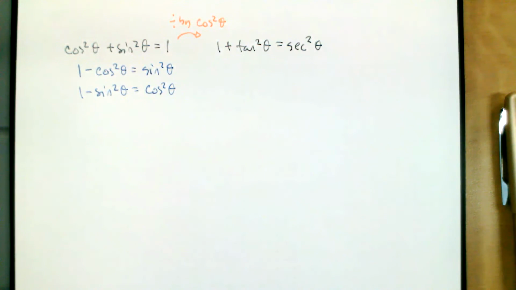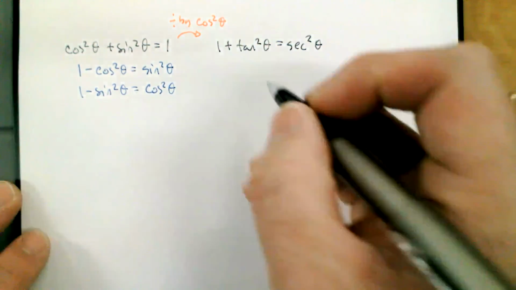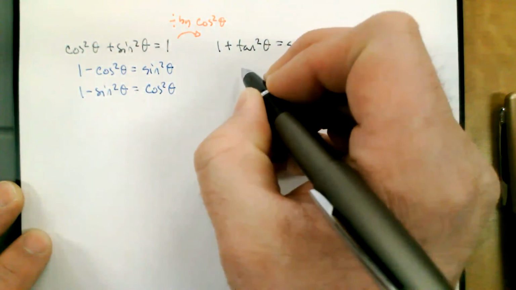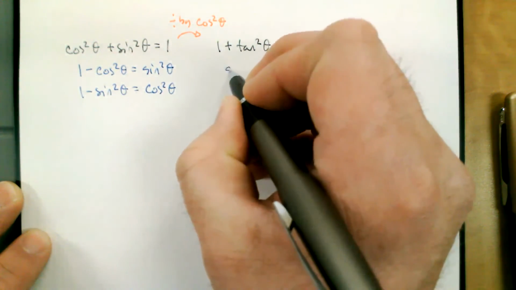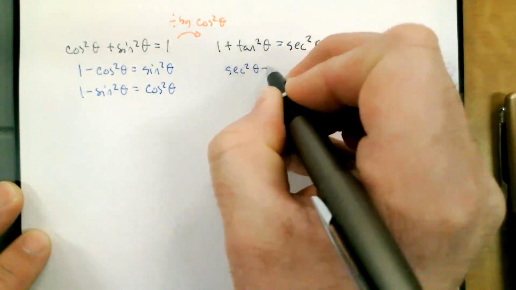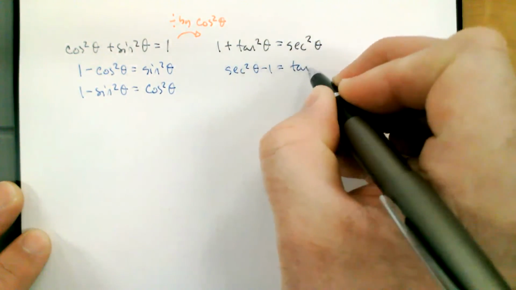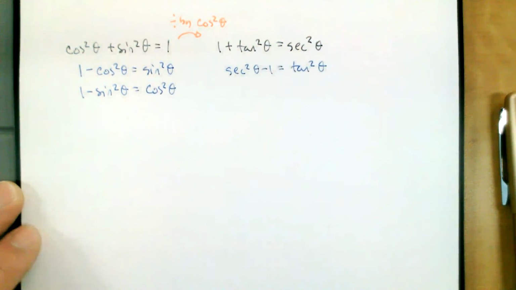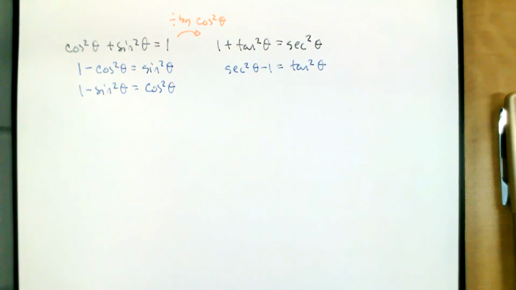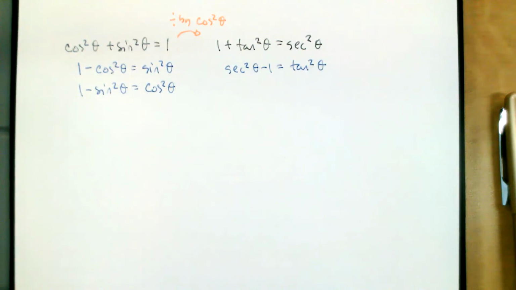We can solve for the tangent squared. If I subtract 1 from both sides, I get tangent squared is secant squared minus 1. Or I can solve for 1 by subtracting tangent squared.